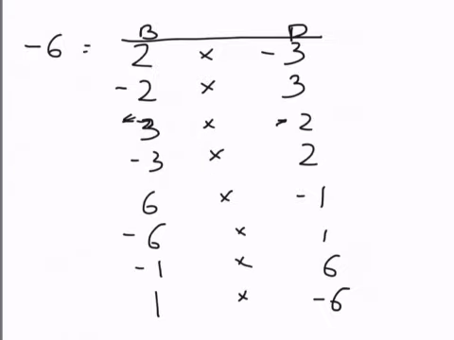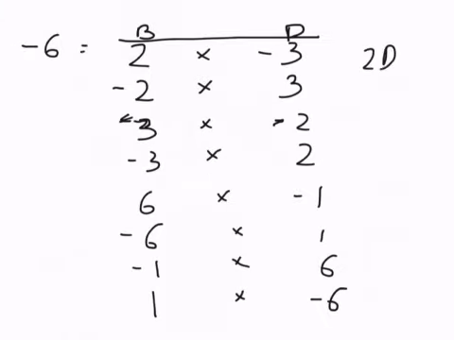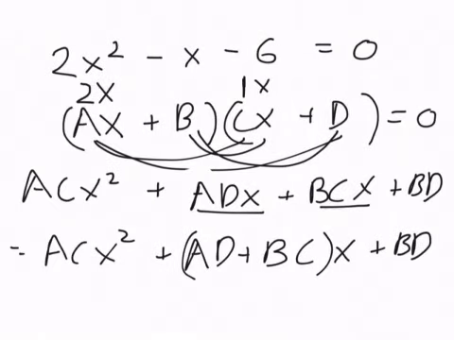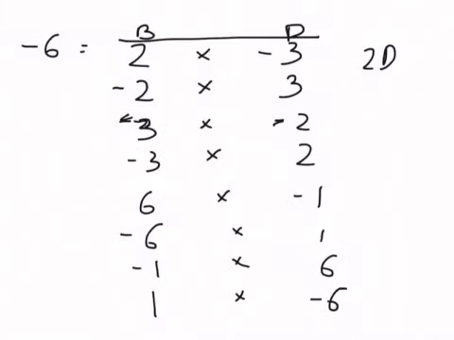So let's put that here. 2D plus B equals minus 1. So which of these cases satisfies that? Well, the first one, minus 6 plus 2 equals minus 4, not minus 1.